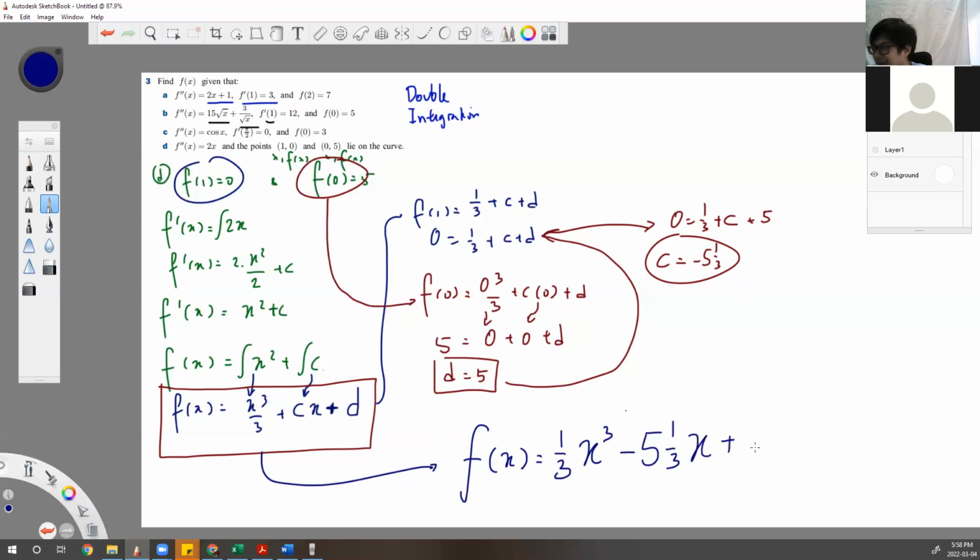The d is 5 here. Right? Wow, it's so challenging.